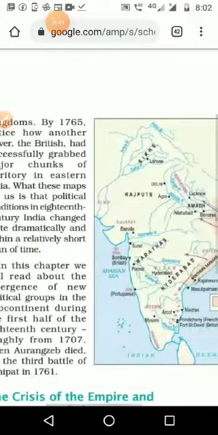In the starting of the 18th century, that area was under the hands of the Mughal emperor. Just after 15 or 40 years, what happened here?